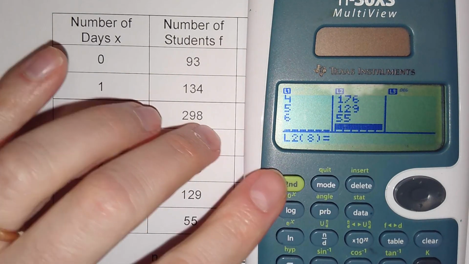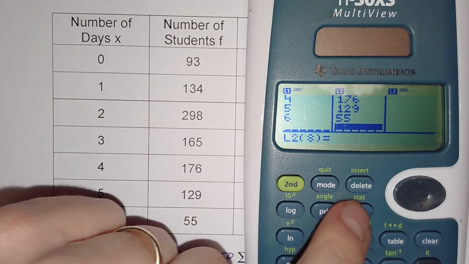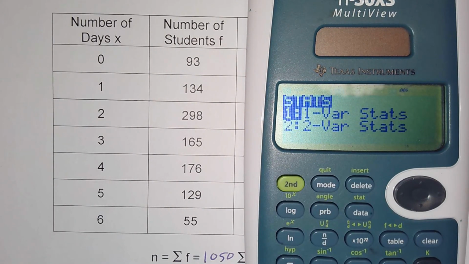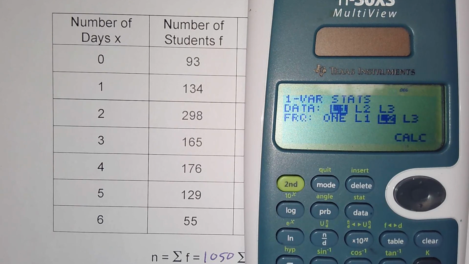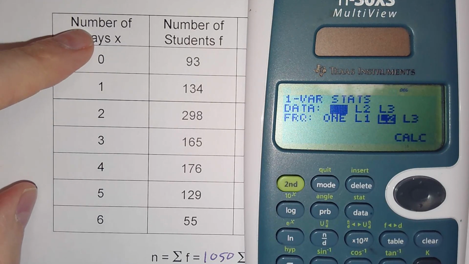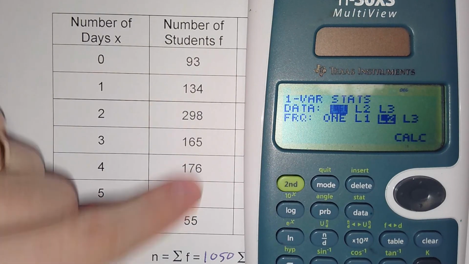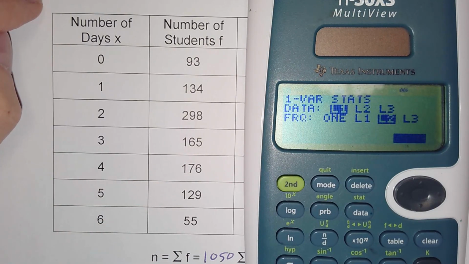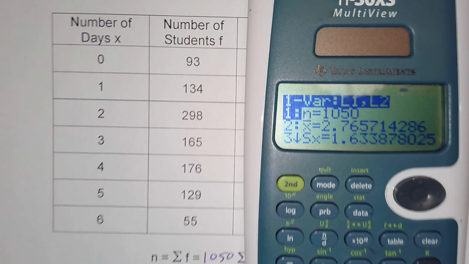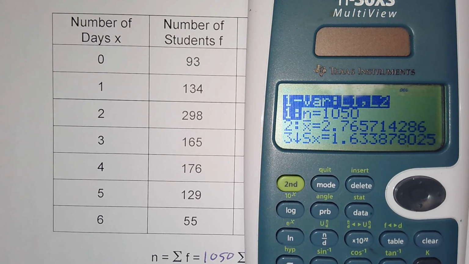And then I go to my second stat, one variable stats. My data, yeah, that's an L1. This is my frequency. That's L2, so that's already correct. Calculate. Now take a look at line number 2.